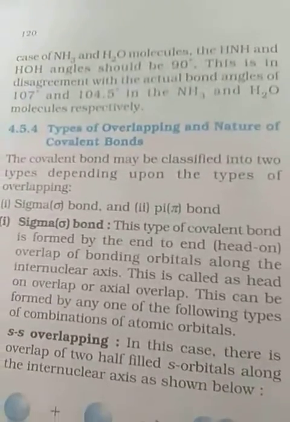So it follows that simple atomic orbital overlap does not account for directional character in CH4. Okay, so directional character of overlapping will be understood by our topics on types of overlapping and nature of covalent bond. I will teach you.